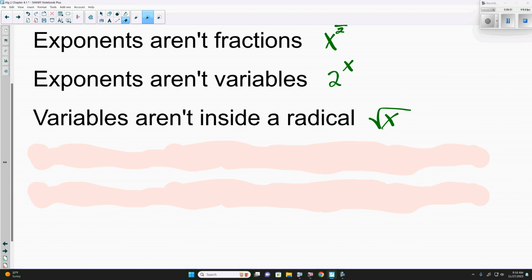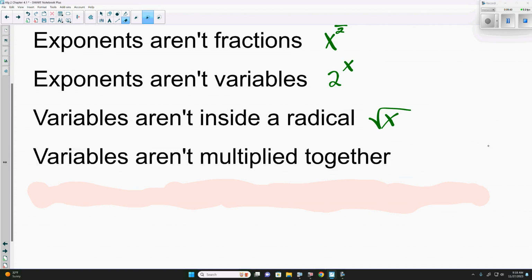We can't have a variable inside of a radical no matter what it is. Variables aren't multiplied together. X times y. Cannot have multiple variables being multiplied together. Just doesn't work.